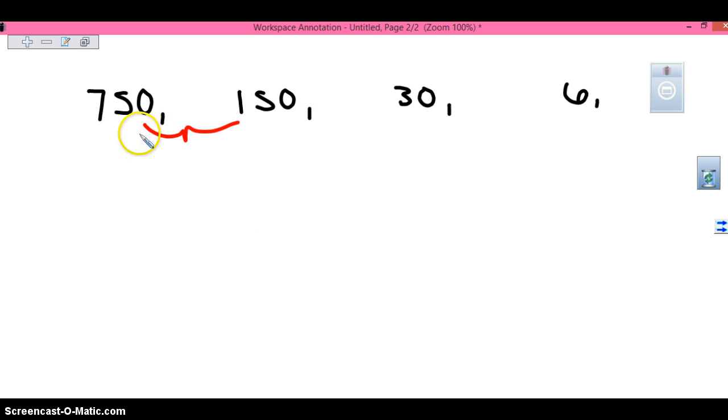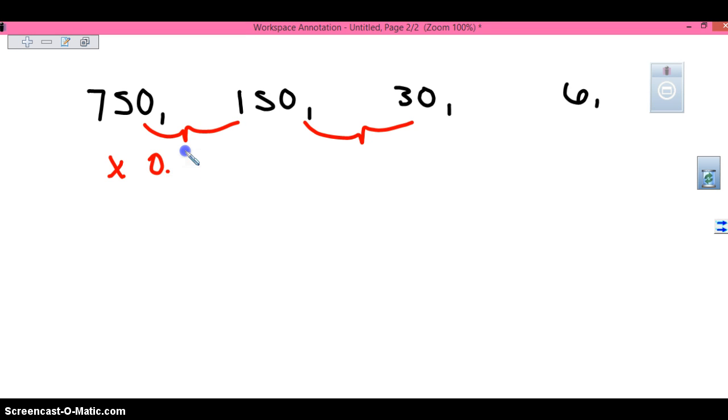Find the common ratio of the geometric sequence 750, 150, 30, 6. What do we have to do? Okay, so I heard somebody say 0.5, 0.2, yes.